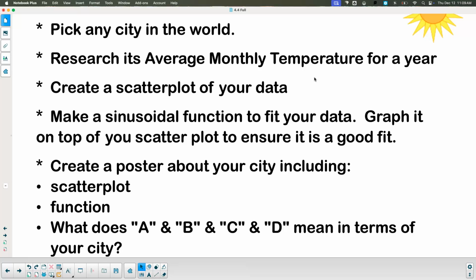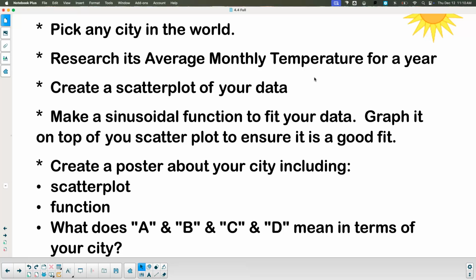Now, I don't care what city you choose. However, there are some cities out there, like cities kind of close to the equator, where their temperature range is only like 1 degree the entire year. So it doesn't make for a very fun graph. Just so you know.